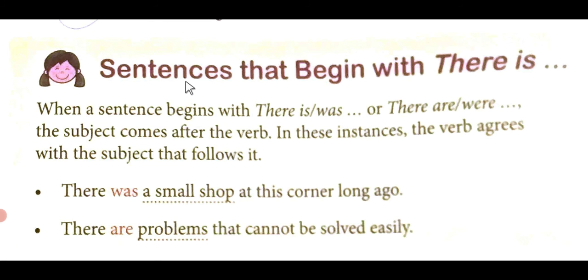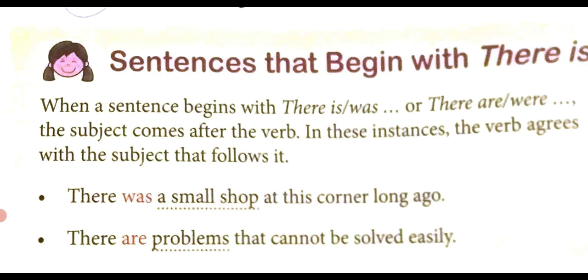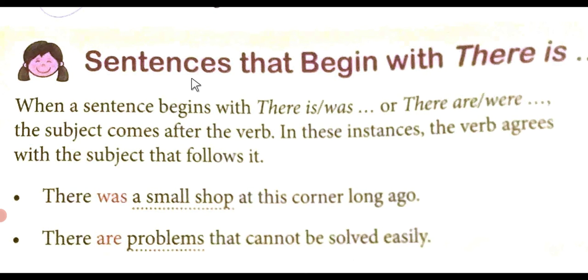Now, sentences that begin with there is. When a sentence begins with there is, or there was, or there are, or there were, the subjects come after the verb. In these instances, the verb agrees with the subject that follows it.